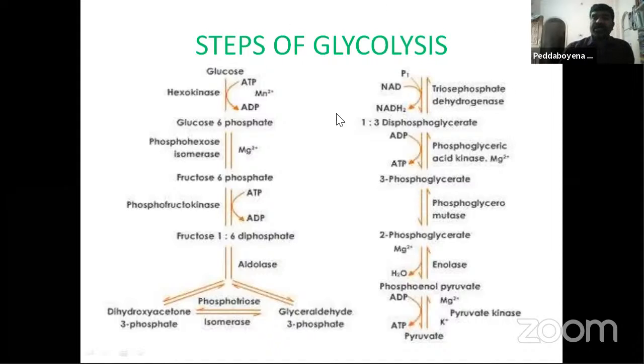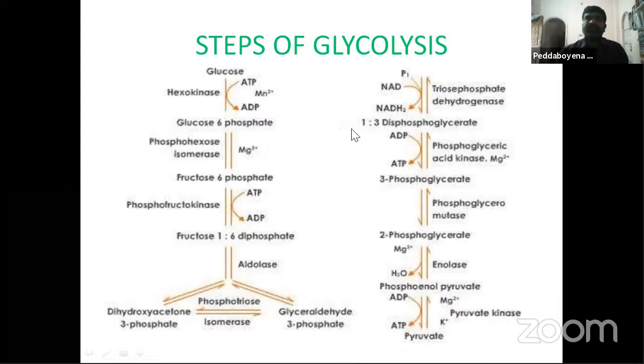And here NAD undergoes reduction and gives NADH plus H plus, in the presence of triose phosphate dehydrogenase enzyme. It is converted into 1,3-bisphosphoglycerate. How many molecules? Two molecules actually.